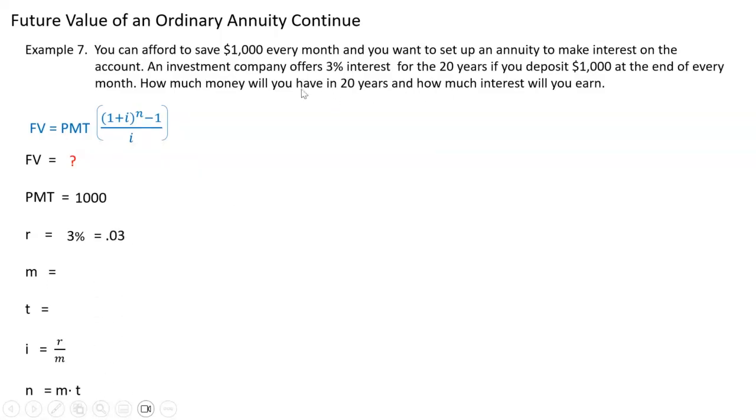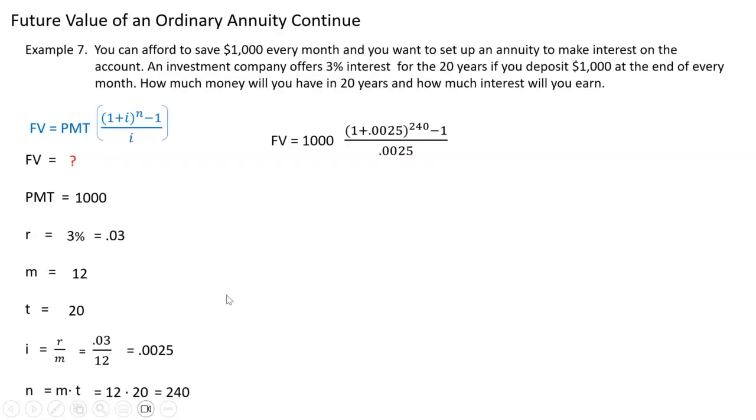It's compounded every month, so M is 12, because monthly is 12. The time is 20. So my I will be R, 0.03 divided by 12, which gives us 0.0025. My N is M times T, so 12 times 20 will give us 240.